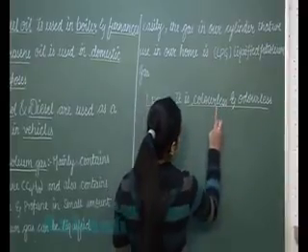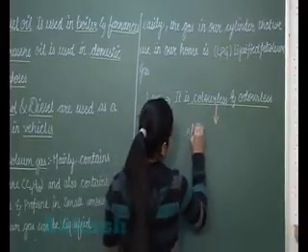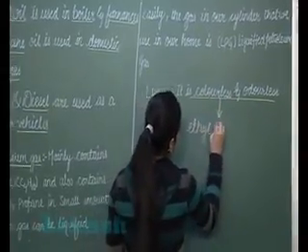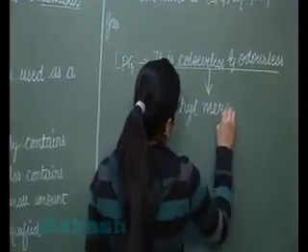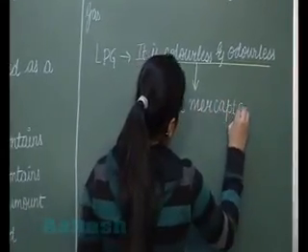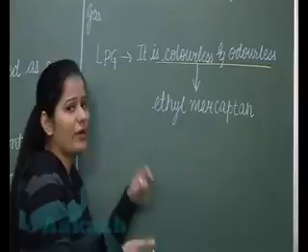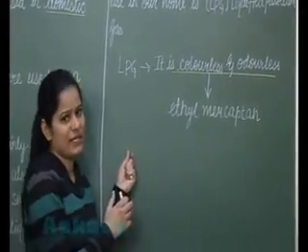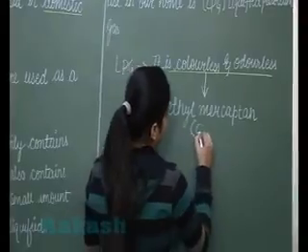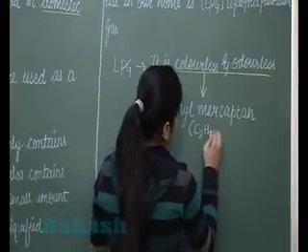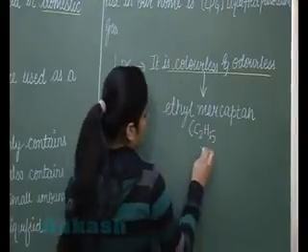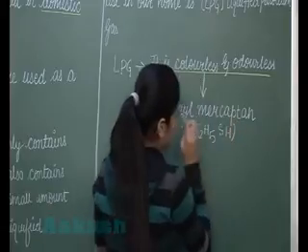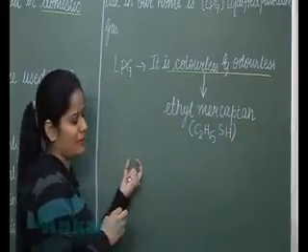So student, ethyl mercaptan is added to LPG, which gives it a smell so that it can be detected in the case of leakage. And student, the formula for ethyl mercaptan is C2H5SH.